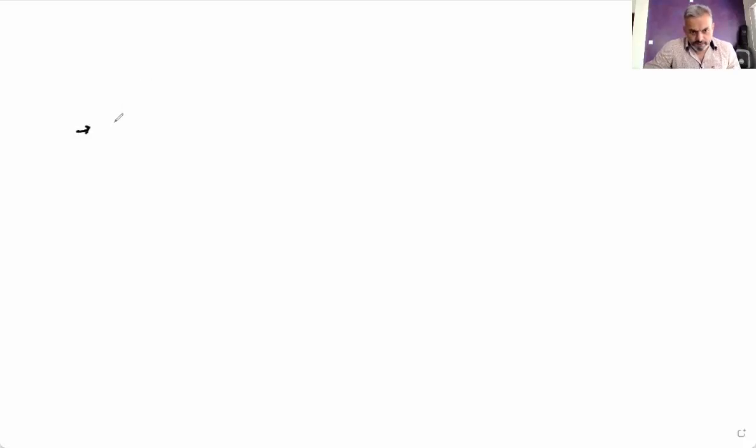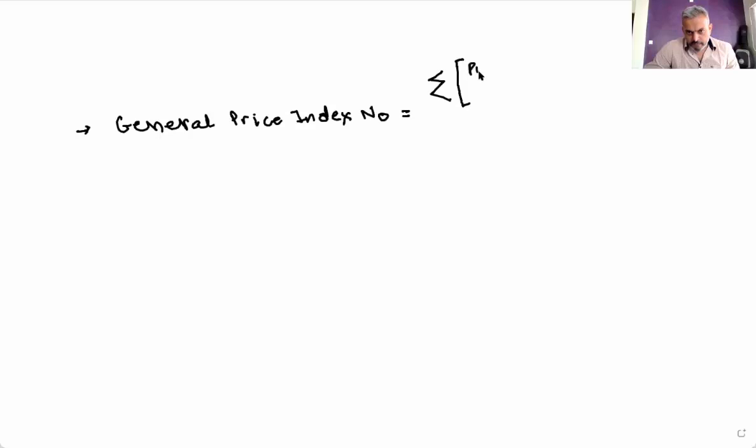It is general price index number, which is equal to sigma P1 upon P0 into 100 upon n.